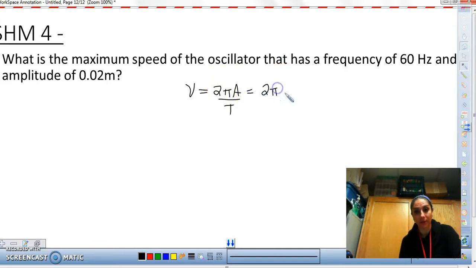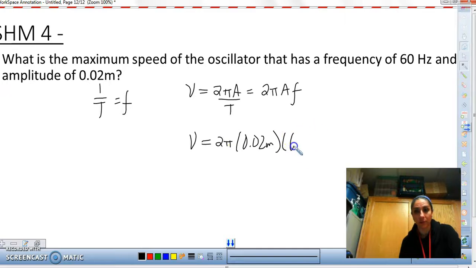We could also write it like this, because 1 over T is technically f, so I can write it like this. So this again comes from the idea that we could treat it like an object moving in a circle. So this is the fastest and best way to calculate this. 2 pi times our amplitude times our frequency. So 2 times pi times 0.02 times 60. So the velocity is this.